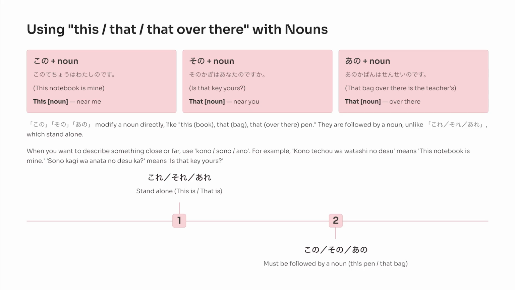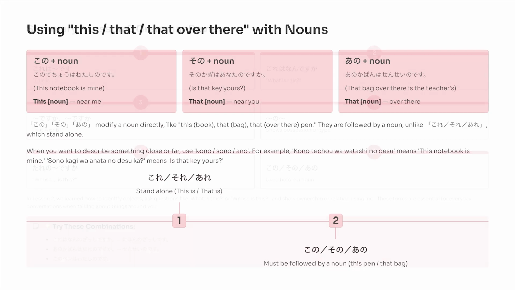Is that key yours? あのカバンは先生のです. That bag over there is the teacher's. So remember, この、その、あの must always come before a noun, like この本 this book, or そのペン that pen. Meanwhile, これ、それ、あれ stand alone. They don't need a noun after them. Try repeating after me. この、その、あの. See how natural they sound?